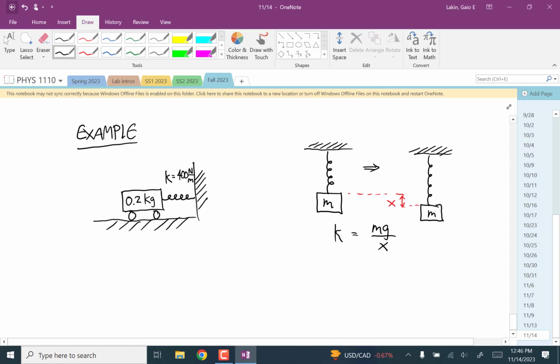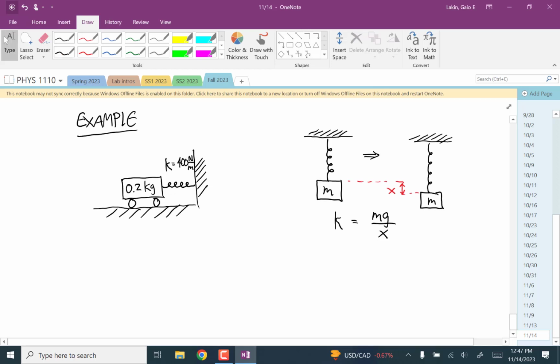On the other hand, if the spring is really flexible, you're going to get a big value of X. And so a big value of X would give you a small k. So that's what that k means. A big value means the spring is hard to stretch. It's really stiff. A small value of k means it's easy to stretch, flexible.